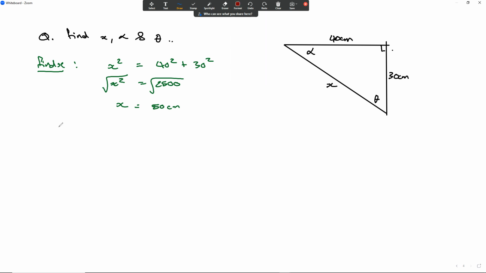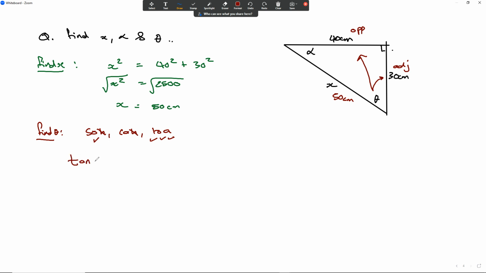Next, now that we found x, we want to find theta. So x is going to be 50 centimeters. We can find alpha as well. Finding theta, let's suppose I use this side length over here, which is my opposite, and this side here, which is my adjacent. If I go SOH CAH TOA, I have opposite and I have adjacent, but I don't have the hypotenuse, so those guys are out, so it's going to be tan.